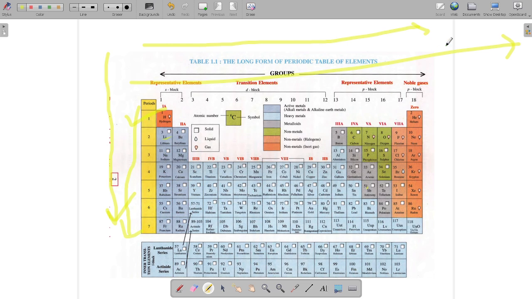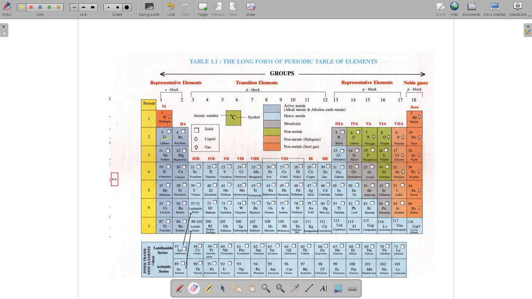The first period is a short period, so we don't have to check down as it is decreasing. We have to check how high it is. So it is He, helium. So helium is having the largest ionization energy.